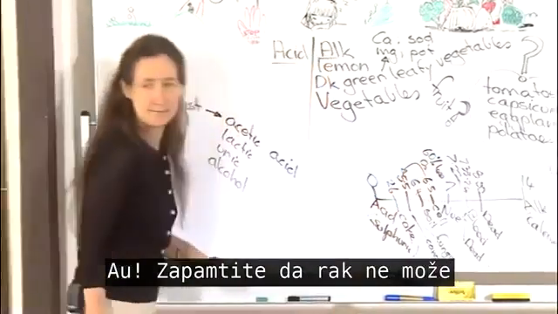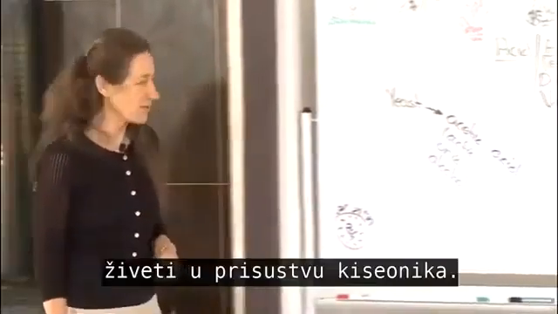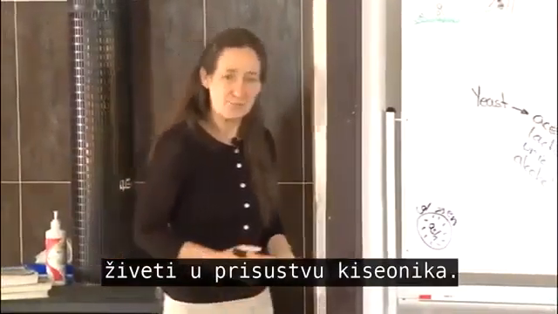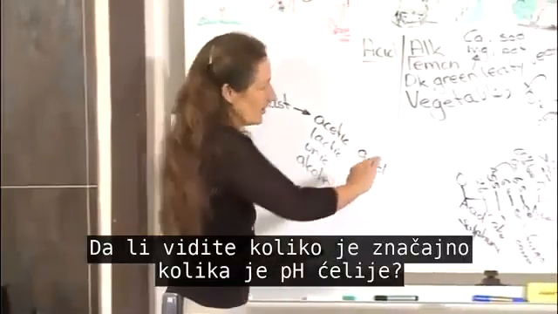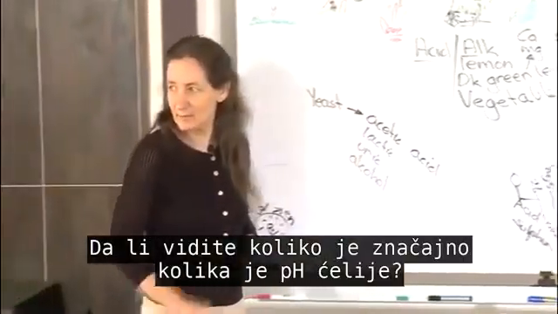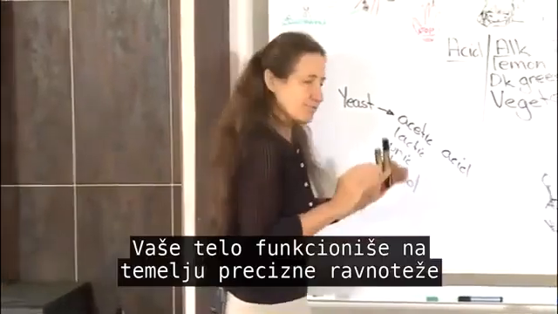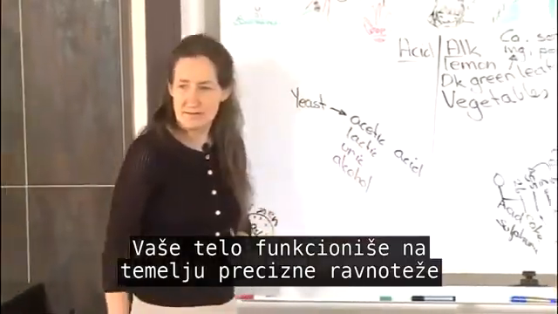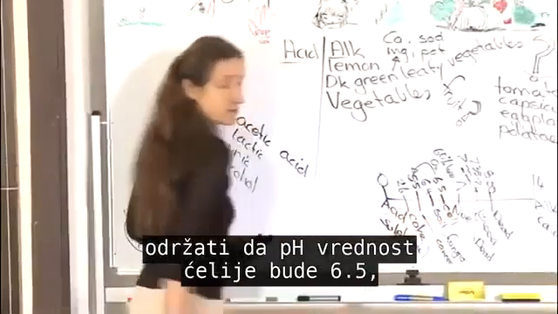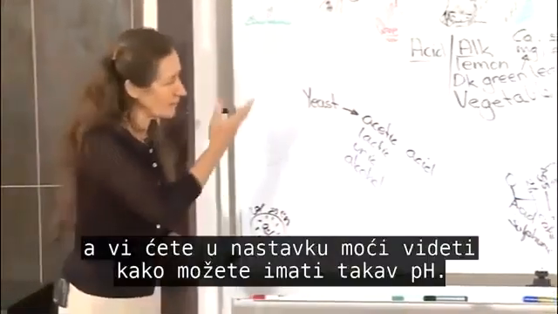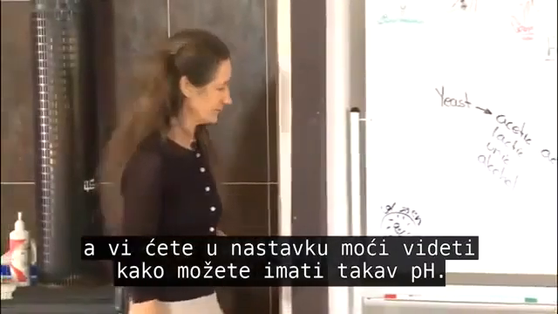Remember, cancer cannot live in the presence of oxygen. Can you see the ramifications of the cell pH? How important it is. It's the precision balance that your body runs at. And your body's constantly trying to get your cell pH at 6.5. And as we go through this, you will see how you can do it.